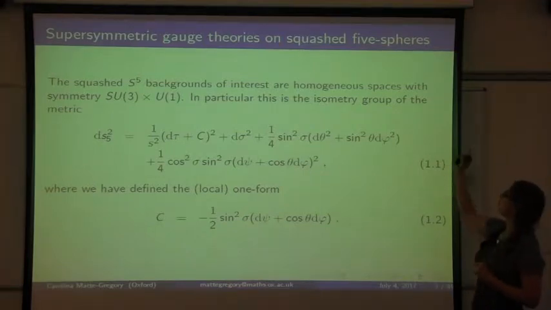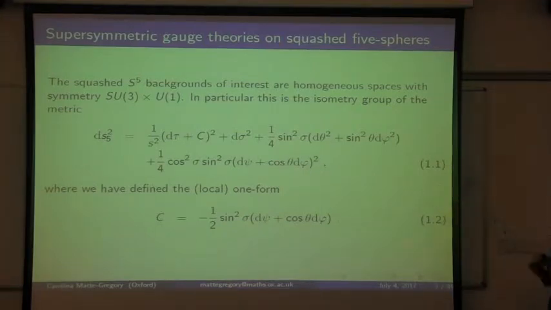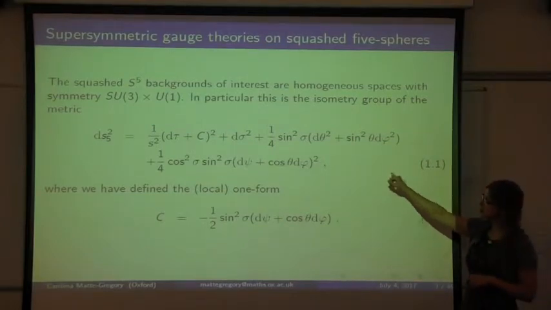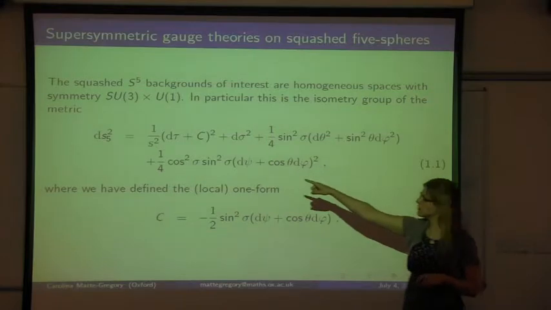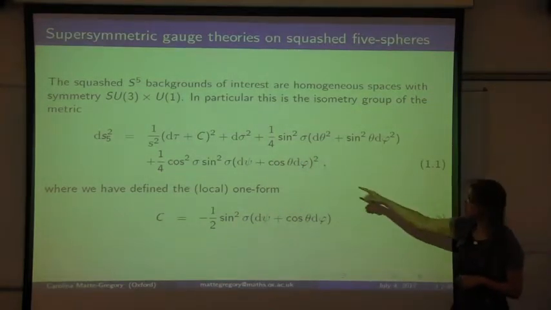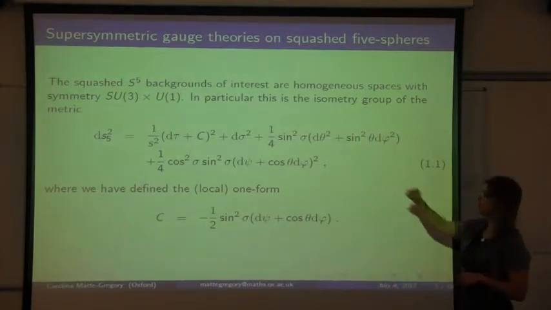You'll be breaking your symmetry to SU(3) plus U(1). This metric can be seen as a U(1) fibration over CP2, so there you have your circle bundle, and this is CP2. S is my squashing parameter.